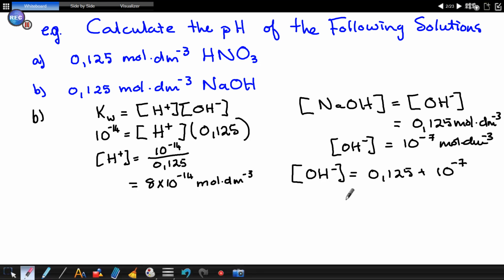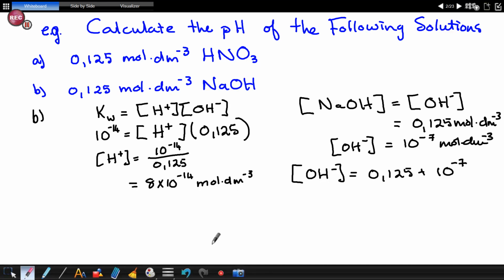0.125. Okay, ma'am, sorry, I just thought it was initially 10 to the minus 7 and you changed it. No, the product of 10 to the minus 7 and 10 to the minus 7 is 10 to the minus 14. The hydroxide ion is normally 10 to the minus 7 in water, but now you add sodium hydroxide to the water.